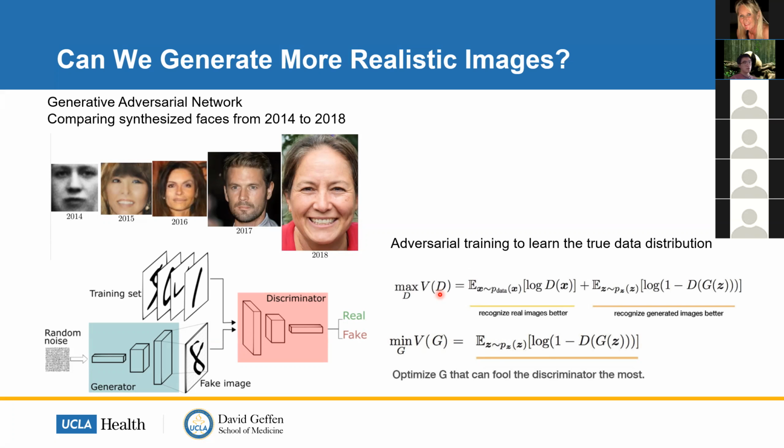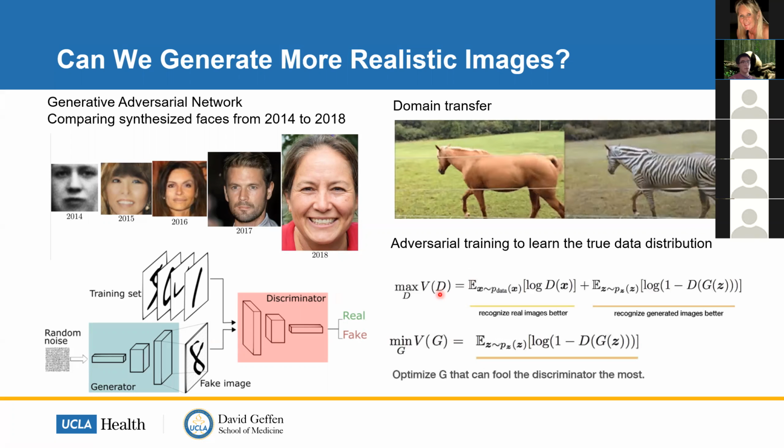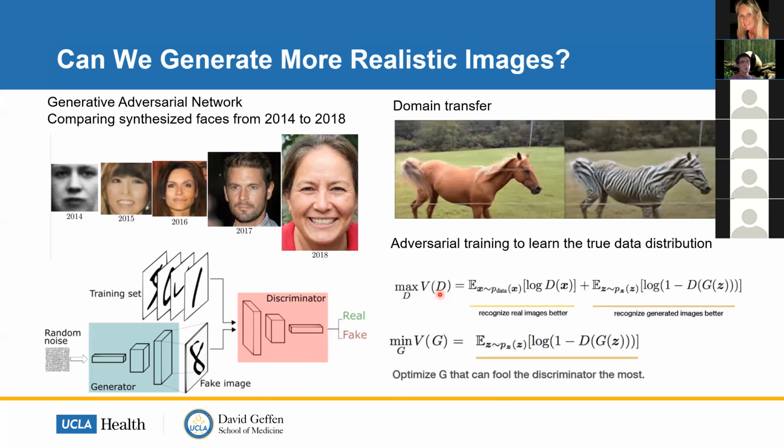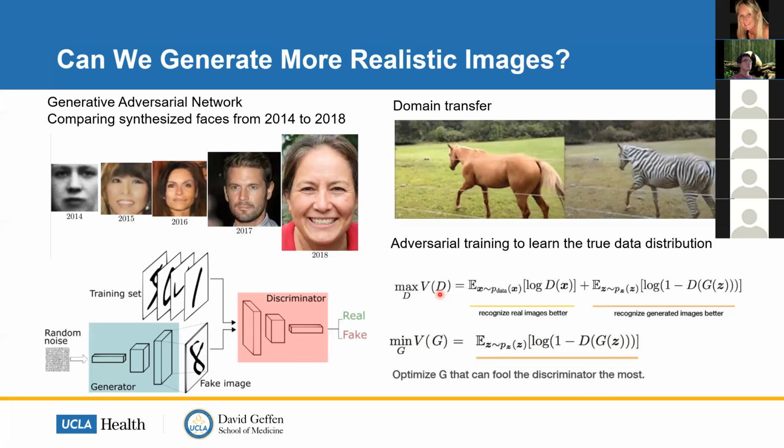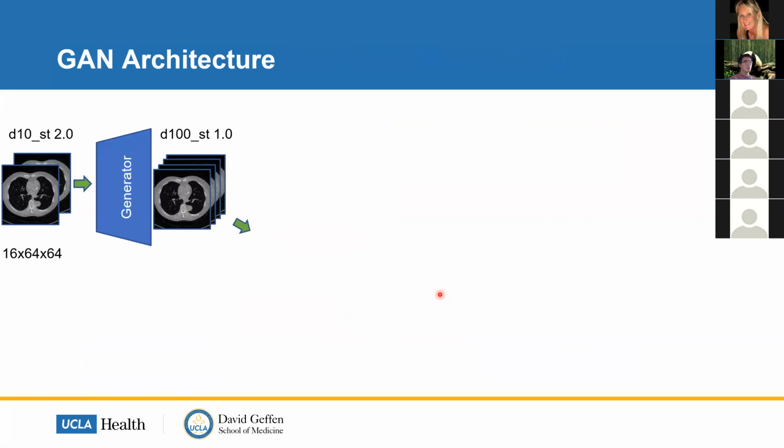There are very interesting applications that come out of this. For example, in domain transfer in the natural image domain, such as turning a horse into a zebra. Here we use a generator that has the same network structure as the previous CNN-based network.